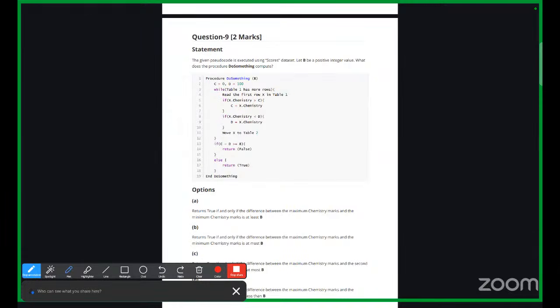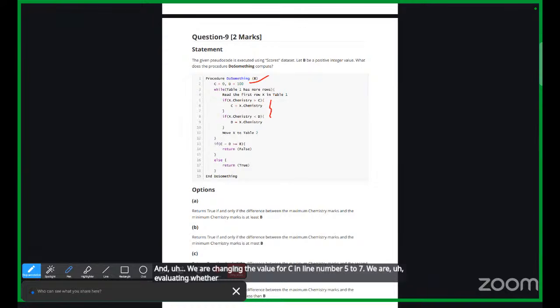Now we are initializing two variables in line number 2, and we are changing the value for C in line number 5 to 7. We are evaluating whether X dot chemistry is greater than C or not. If it is, we are changing C to X dot chemistry.